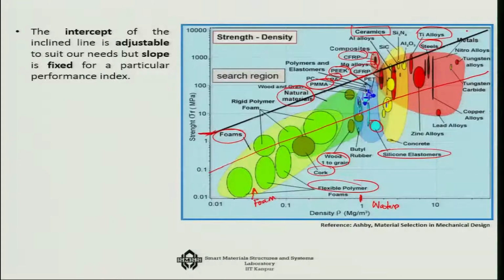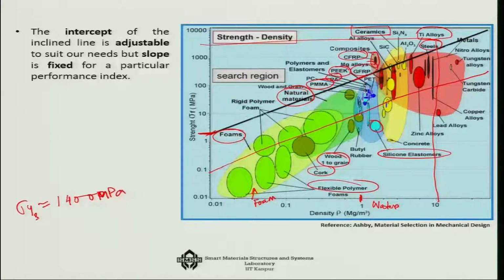But if you see, if I go that far away, I may get a high value of the strength, but I am also going to get a high value of the density value rho. So for example, suppose I go to steel. For the steel, you can go up to something like 1400 MPa, that is the sigma y, say, for the steel approximately.